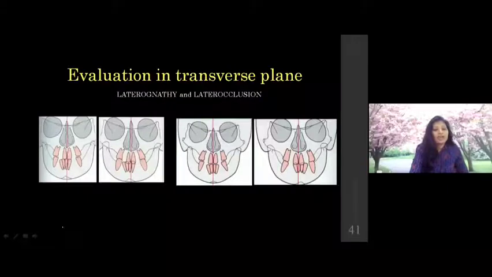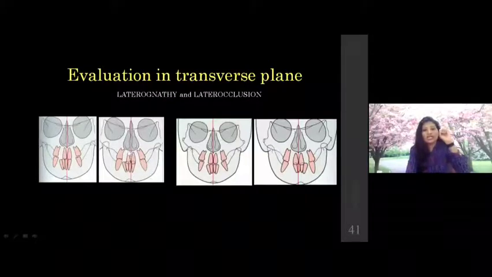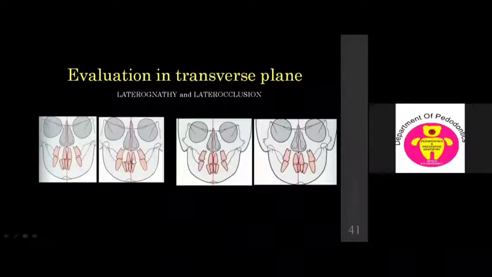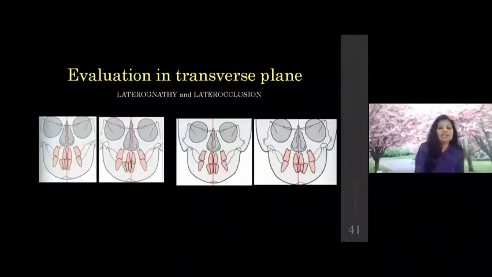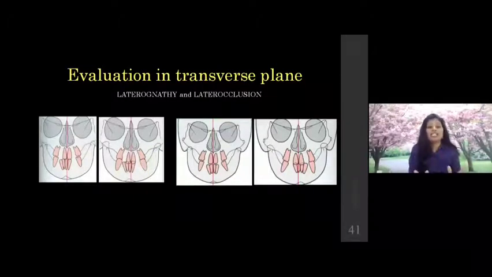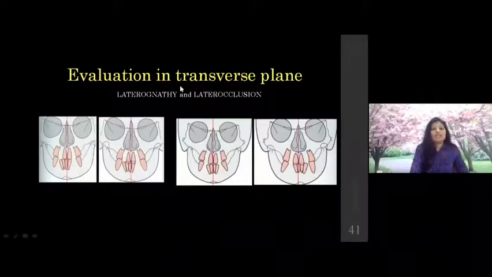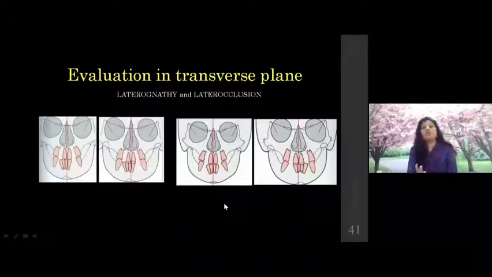Again, it is not matching. When the patient has opened his mouth, the midline is not matching, and when the patient is occluded, the lower midline is not matching. Then you call it laterognathy. Laterognathy means there is a problem with the mandible itself. It is not due to the dentition. The midline is shifted. So laterognathic cases can be treated using your twin block appliance, whereas lateral occlusion cases cannot be treated using your twin block appliance.